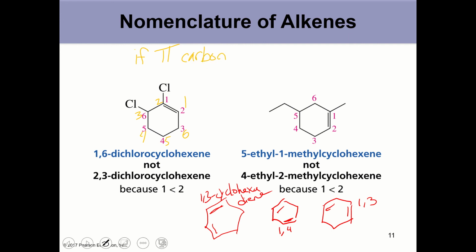If the pi carbon has a branch, and this is for rings only, that carbon is carbon 1. In ring.